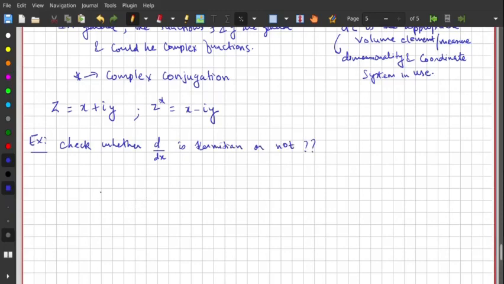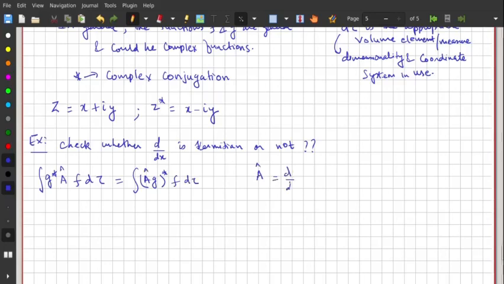Let's apply the definition of a Hermitian operator: the integral of g star A f d tau equals the integral of A g, the whole complex conjugate, f d tau. For our specific example, A hat is the derivative operator d/dx.